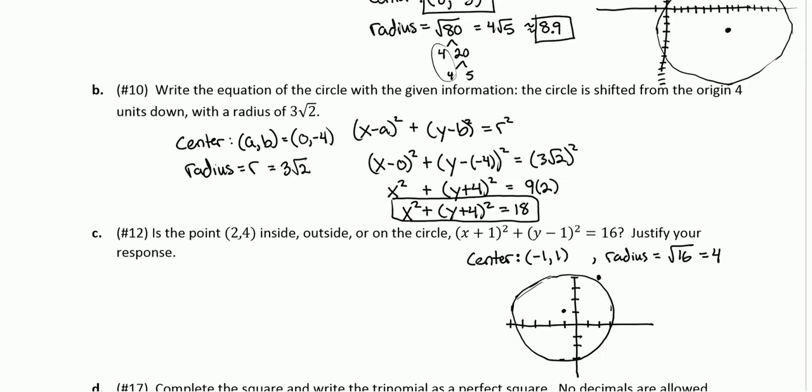We need a more definitive way to answer this question, because I don't have that much confidence in my drawing. So notice we're given the point 2, 4, and we're going to plug in 2 for x and 4 for y into our equation. See what value we get, and let's compare it to 16.